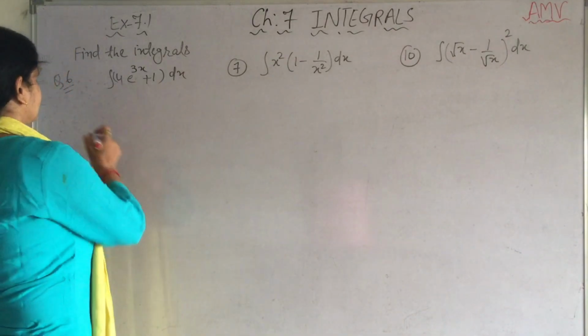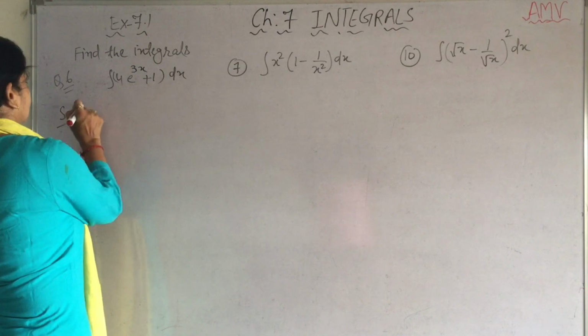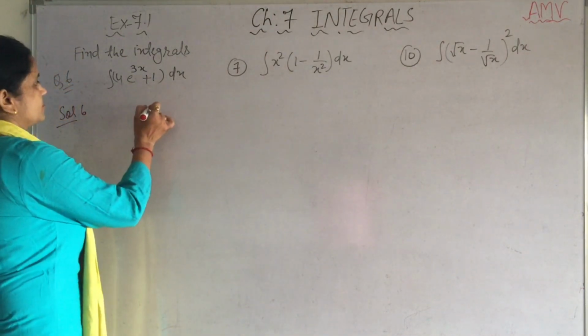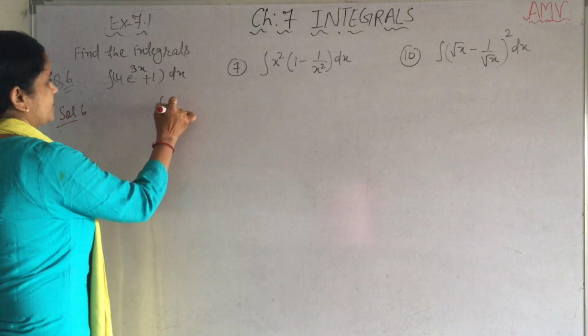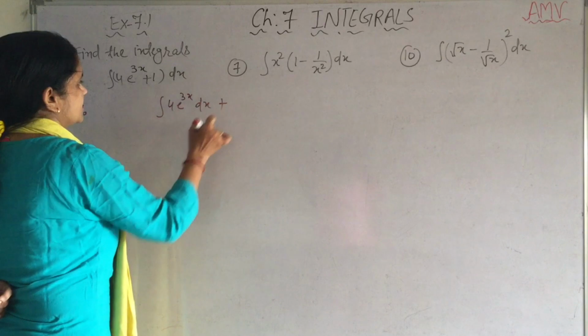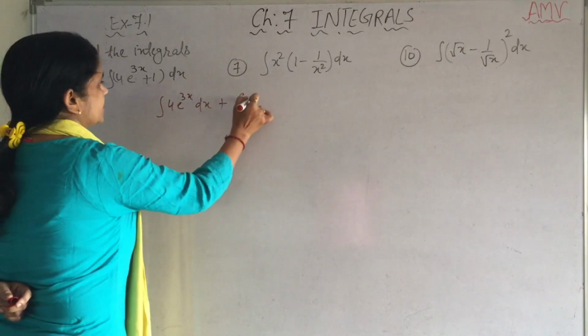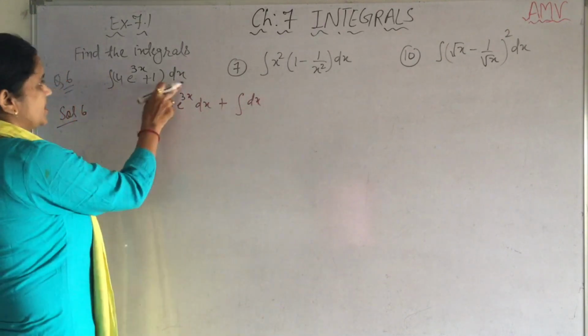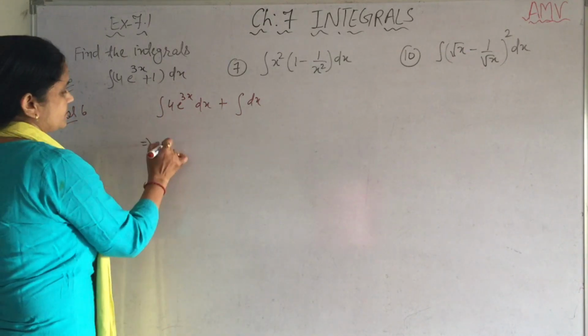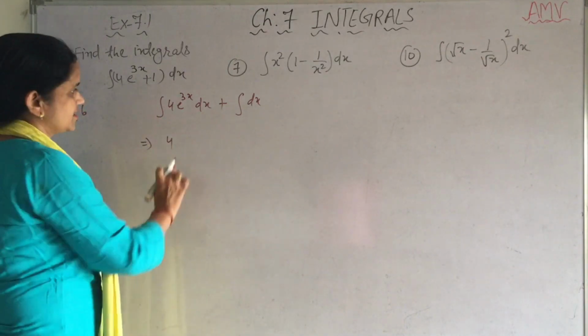Question number 6, students. Here, find the integrals. To solve this question, here it is 4e raised to 3x. Take dx here, and then integrate, multiplying dx with both terms. Now 4 is a constant, take it as it is.